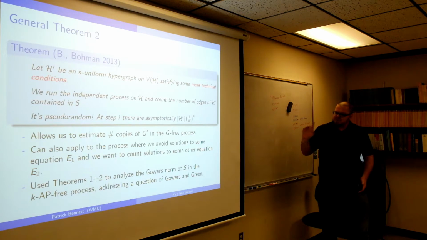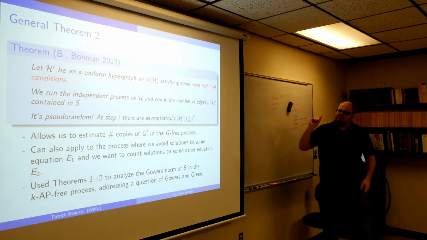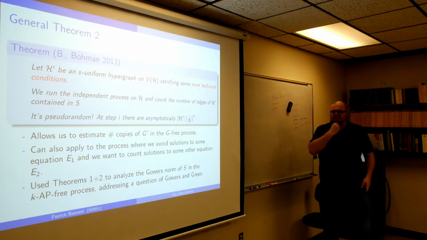So, if anyone knows a lot about the Gowers norm, I'll probably make a fool of myself, so don't be too harsh. But from my perspective, the Gowers norm of a set is, roughly speaking, a measure of pseudo-randomness and density.